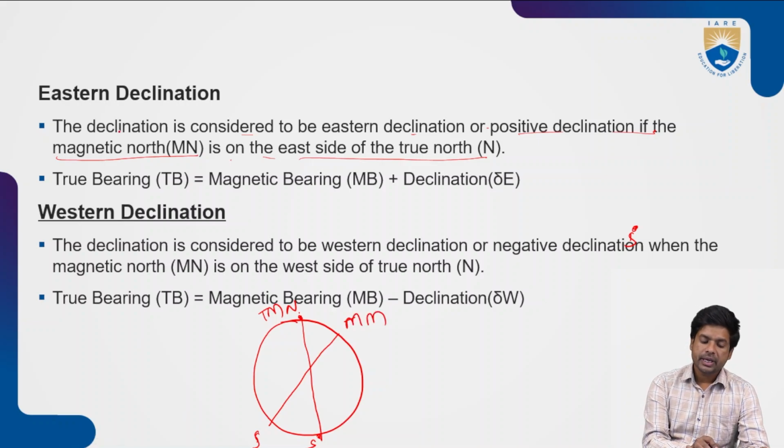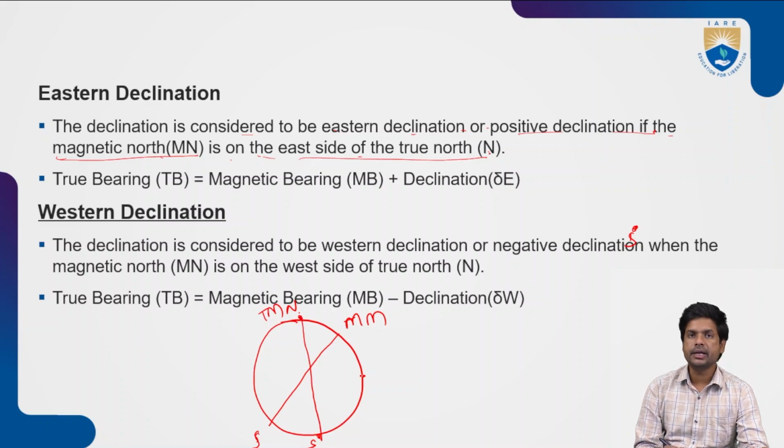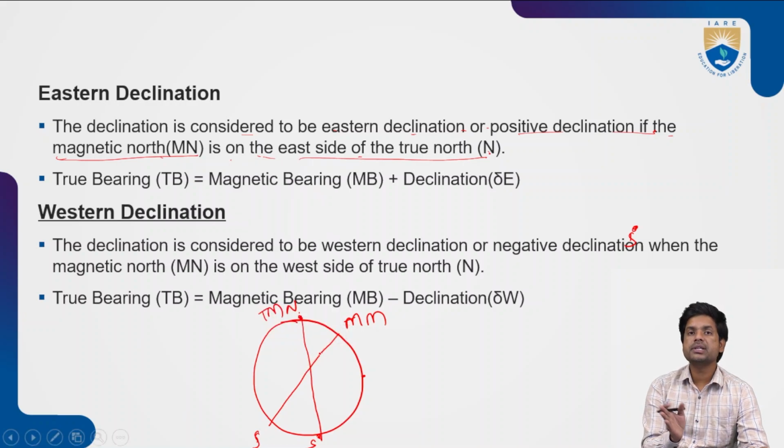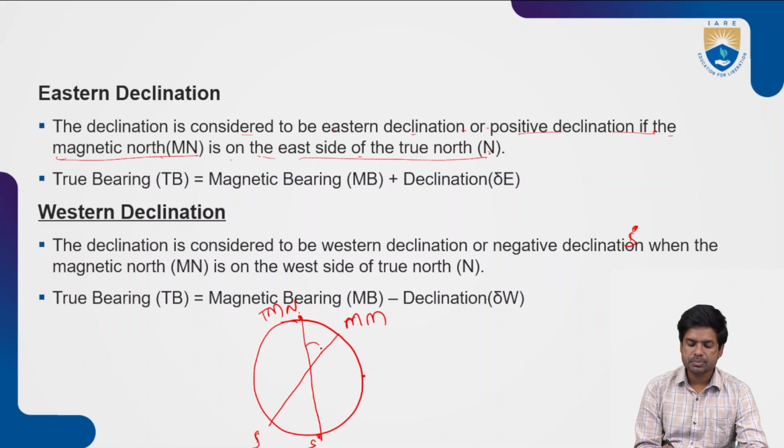The declination is eastern declination if the magnetic north is on the east side of the true north. Suppose you see, this is the north and this is the east side. Our magnetic meridian is lying towards the east side, making an angle with the true meridian.